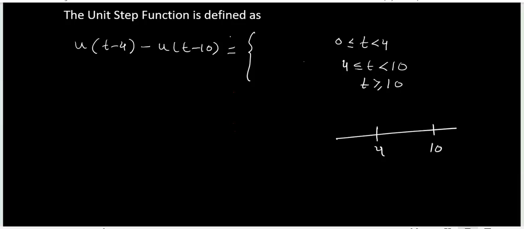So we know that my combination of this function between 4 and 10 will be 1, and otherwise it will be 0. So when t is between 4 and 10, 10 not inclusive, that will give me 1. Okay, so we'll write here just 1, and otherwise it will be 0.